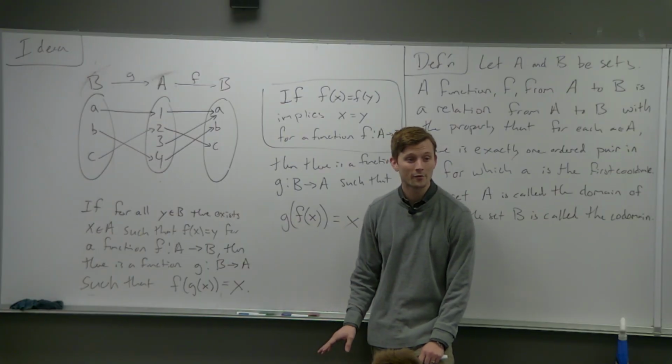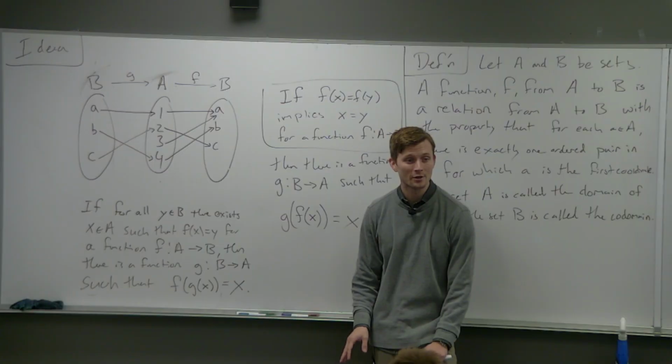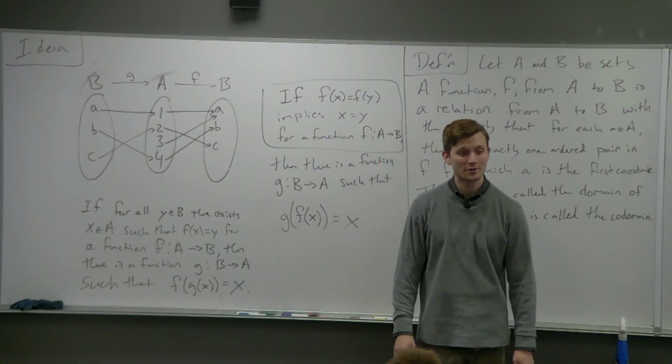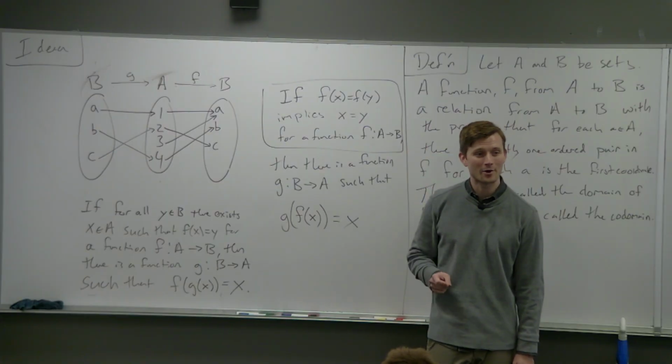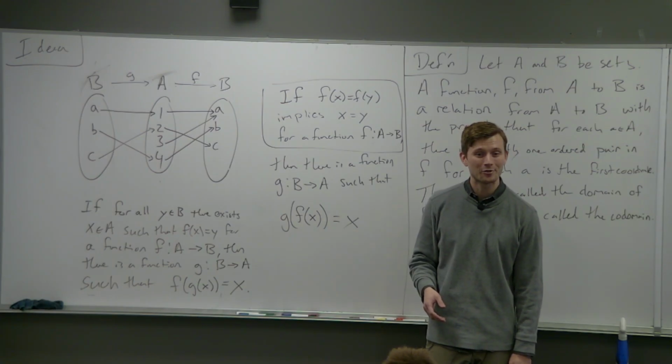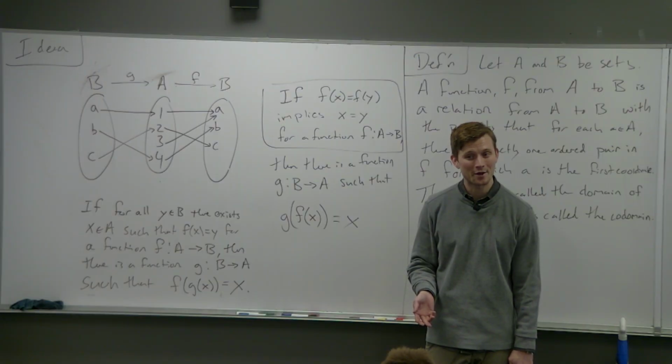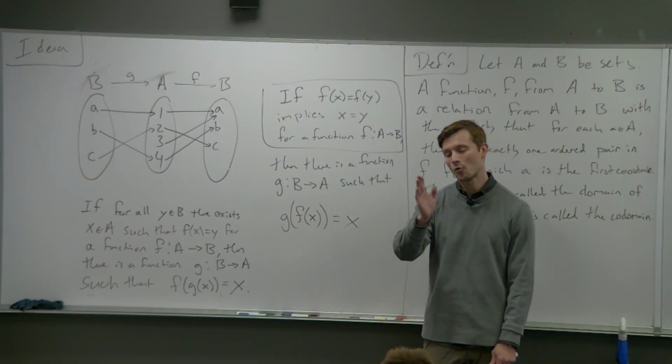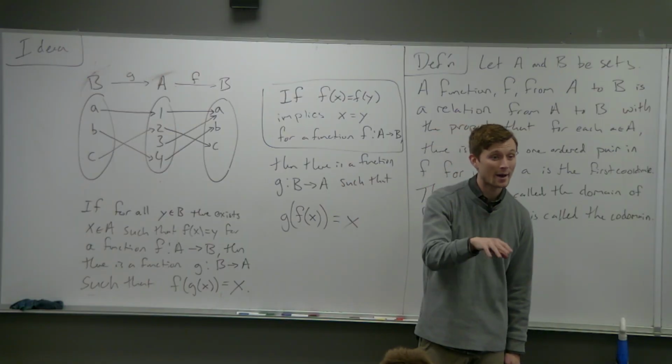And it all comes out of a super easy and obvious question, which is, hey, when I draw a function, I have to draw the little points on my arrows. Why? Why can't I just not care about the direction of the arrows? And the answer is you can not care about the direction of the arrows, but it means that one way might be a function while the other way might not be a function.